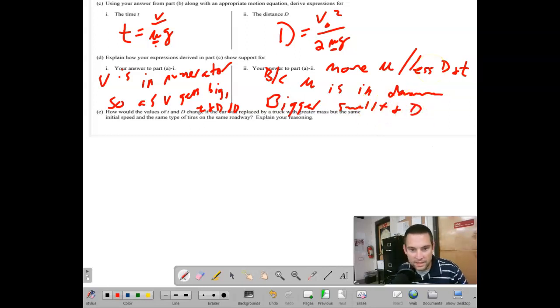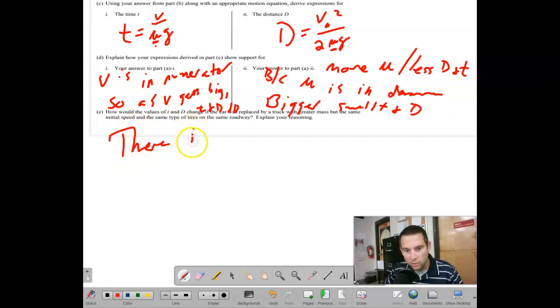How would the values of t and d change if the car was replaced by a truck with a greater mass, but the same initial speed and the same type of tires on the roadway? Well, good question. Truck. Wait a second. It doesn't matter if it's a truck, a bus, a plane, whatever it is.